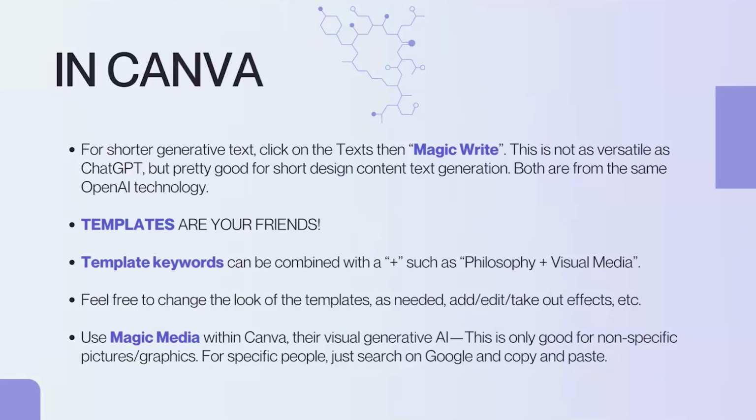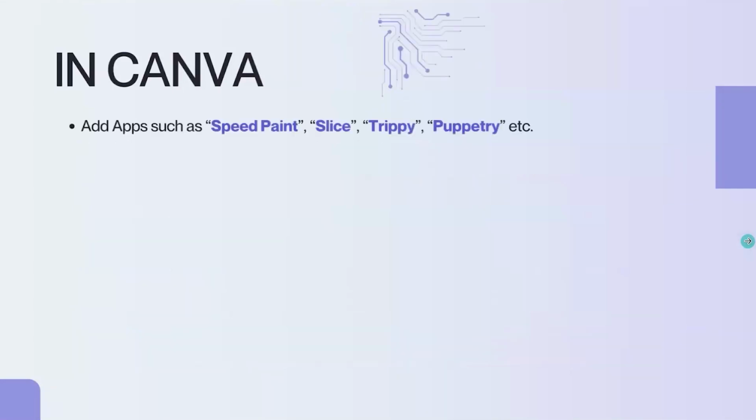For specific people like Edmund Husserl, you don't want generative AI to show you something kind of like Edmund Husserl. If you have a picture of Edmund Husserl, use it. Just Google it and copy and paste, right? And then you can add different apps, and that's what we're going to do. Let's see how far we can go with that today.